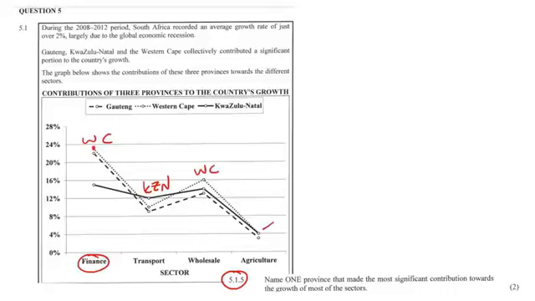And then if you look at this last one, agriculture, both the Western Cape and KZN are at the top over there. So then I would say, of course you could go calculate the numbers and stuff, but it looks like it's clearly going to be the Western Cape, because the Western Cape was the top of most of them. Okay, so we could say the Western Cape.